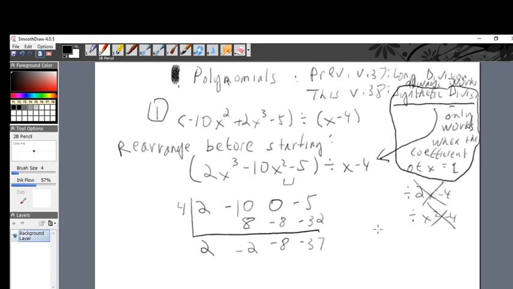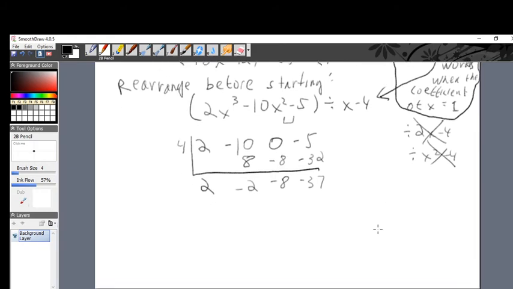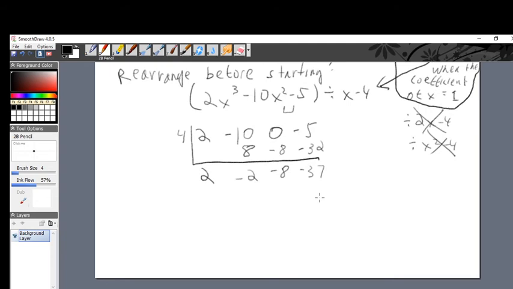I want a nice piece of paper here, so I'm moving my thing up. There we go. Now, here's our answer. This 2 represents not x cubed but 1 less than x cubed, x squared. This negative 10 is negative 10x, I apologize.